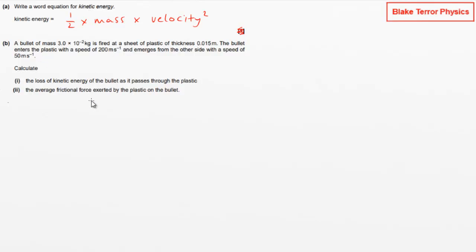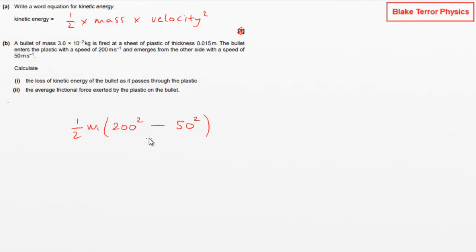Right, part B. A bullet of mass 3 times 10 to the minus 2 kilograms is fired at a plastic sheet of thickness 1.5 centimeters. The bullet enters the plastic with a speed of 200 meters per second and then exits the other side at 50 meters per second. Calculate the loss of kinetic energy. Right, so we've got a half m, our initial one is 200 squared, and then we've got to take off 50 squared.